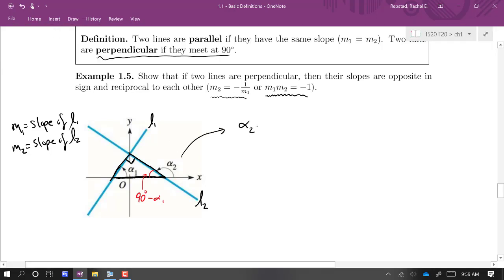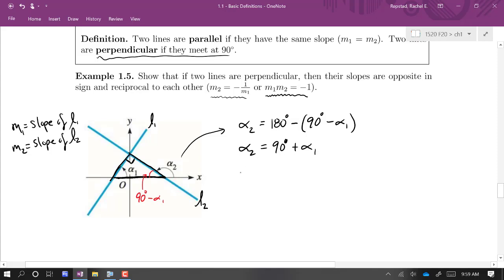So I'm going to just sort of write that relationship out here. So alpha 2 is 180 minus, and then this angle, 90 degrees minus alpha 1. I'm going to simplify this a little bit. Let's see, if I get rid of parentheses and subtract, that's 90 degrees plus alpha 1.